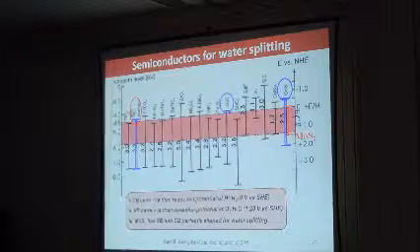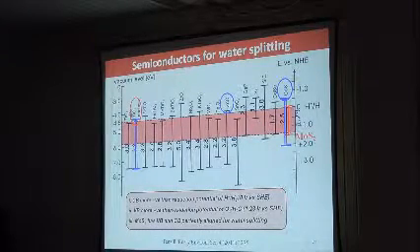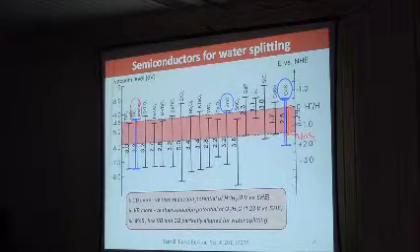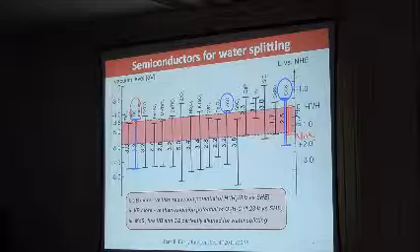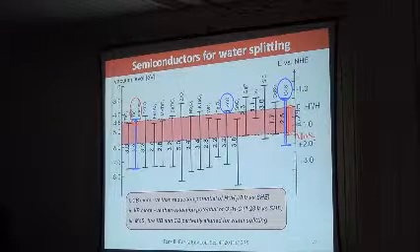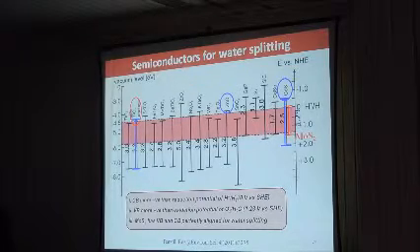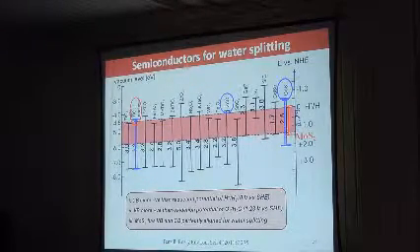Well, to do that, you need certain criteria. The material you use must have a conduction band more negative than the reduction potential of protons, or valence band more positive than the oxidation potential of water. This gap here is 1.23 eV, so the conduction band should be above that, valence band should be below that.